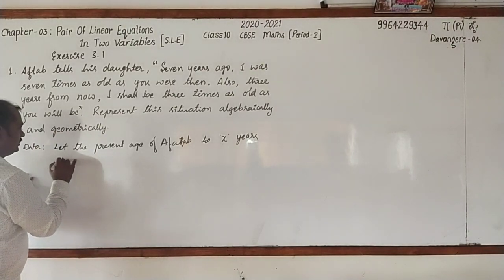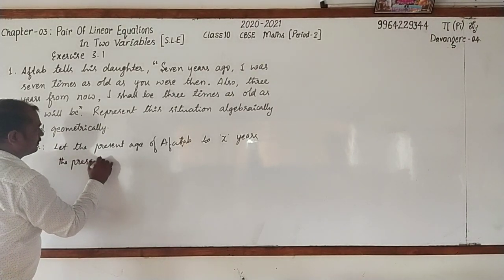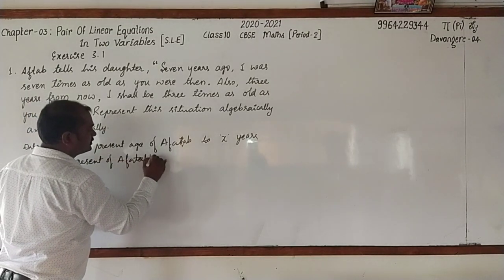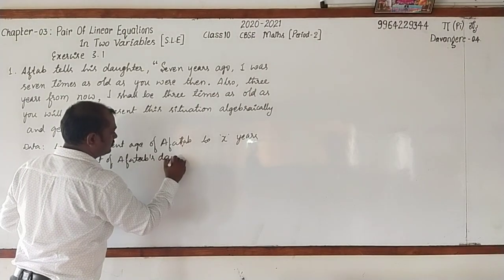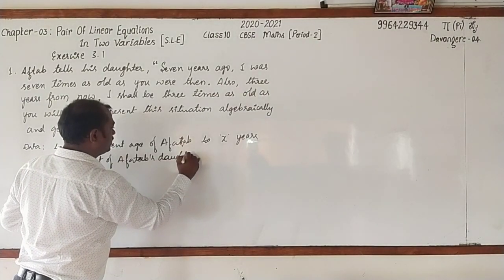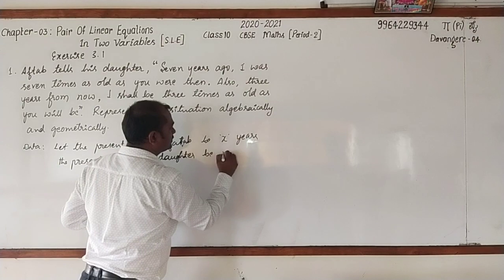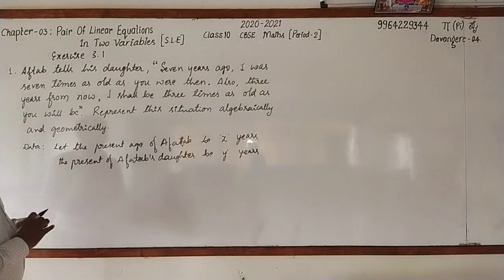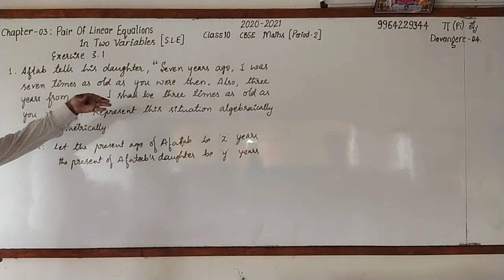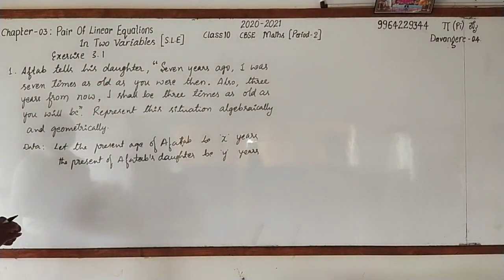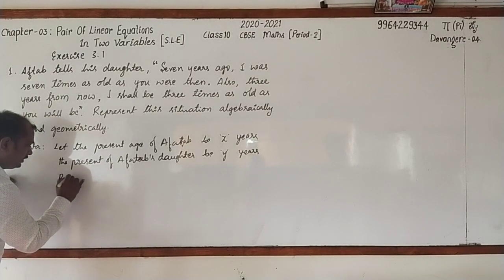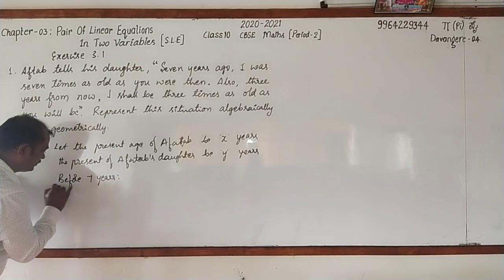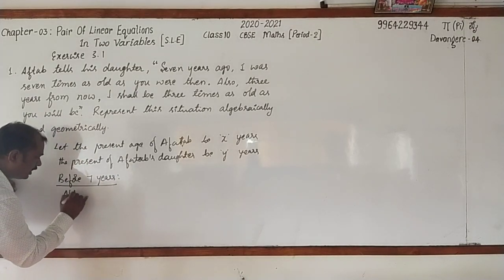Then what about his daughter's age? Here I write, the present age of Aftab's daughter, call it Y years. Clear? Next, observe. 7 years ago, before 7 years, what was Aftab's age?